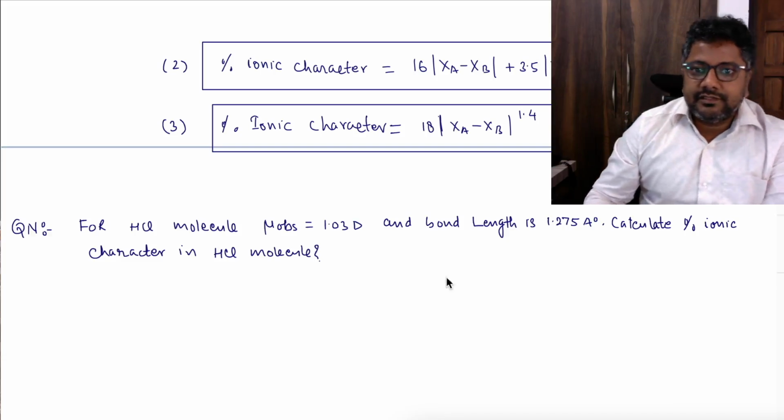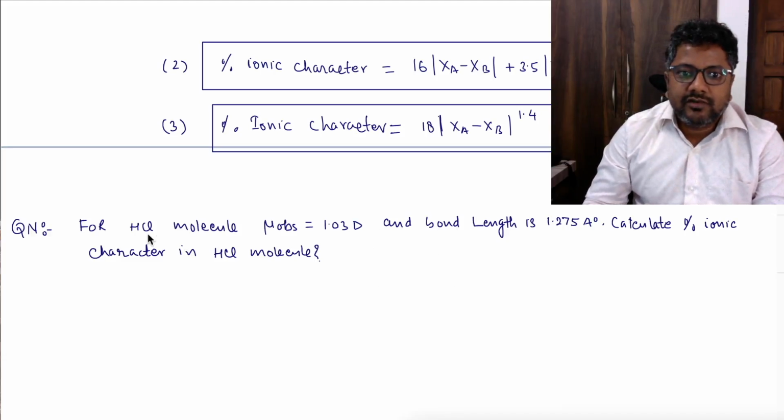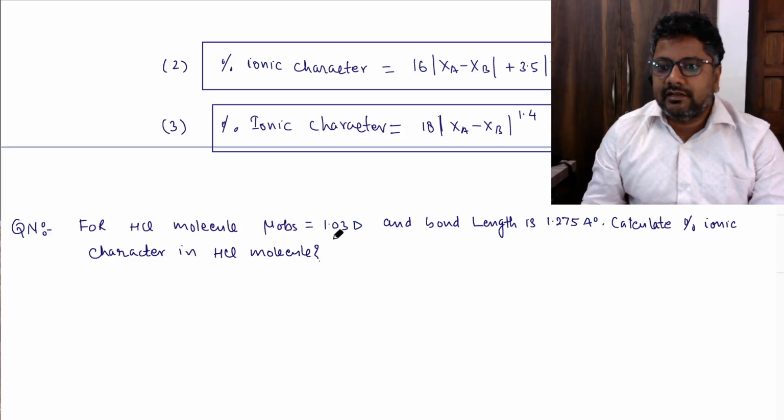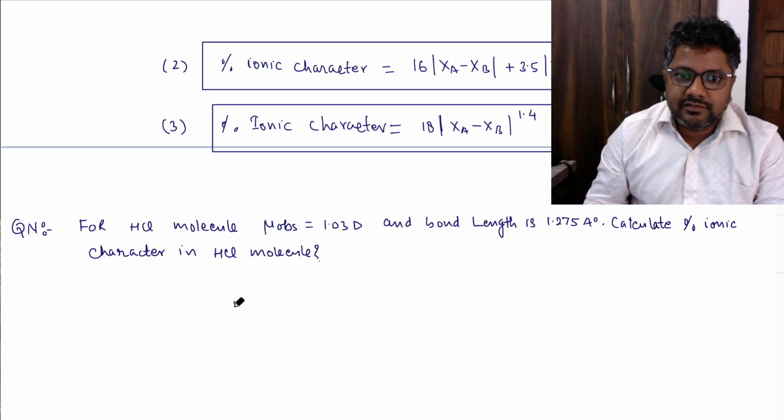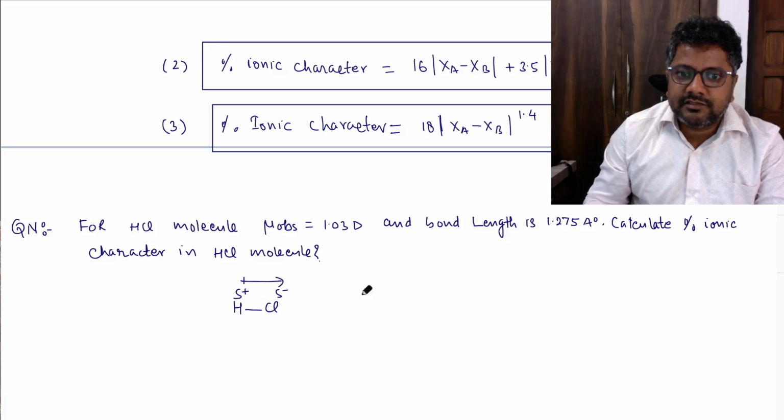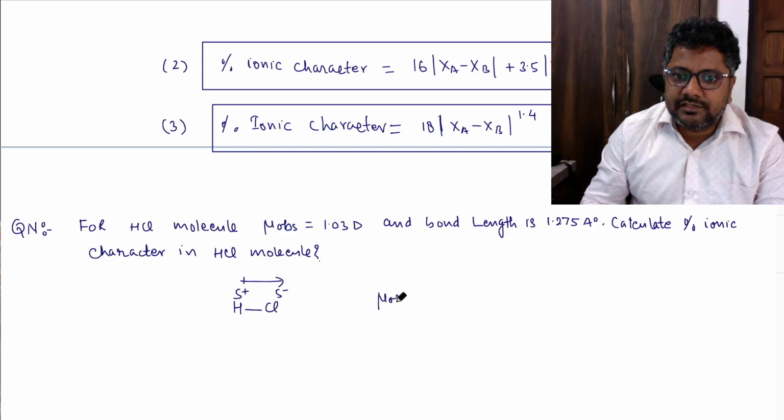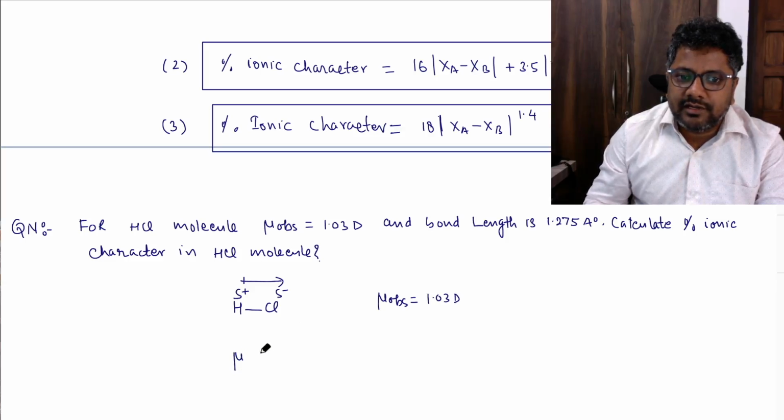Now see, this is one question. For the HCl molecule, it is given mu observed, delta positive, delta negative. So mu observed is given as 1.03 Debye, and we have already calculated for this one unit charge multiplied by 1.275 Angstrom.